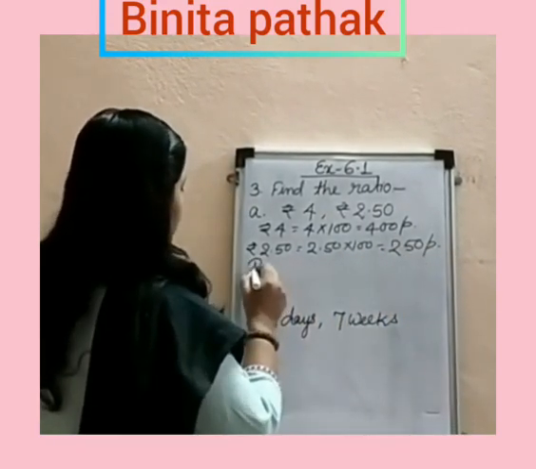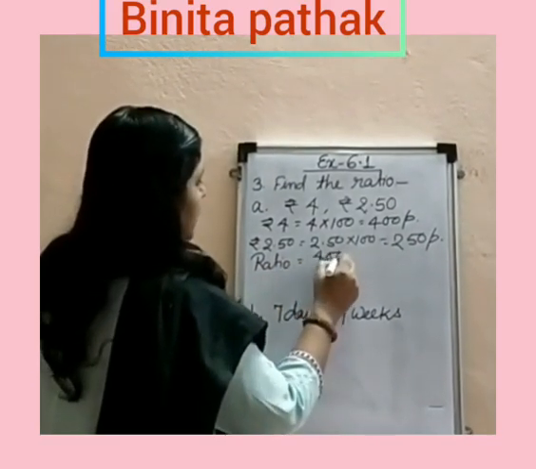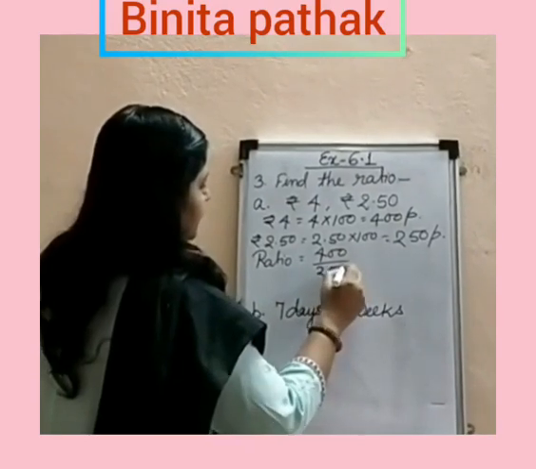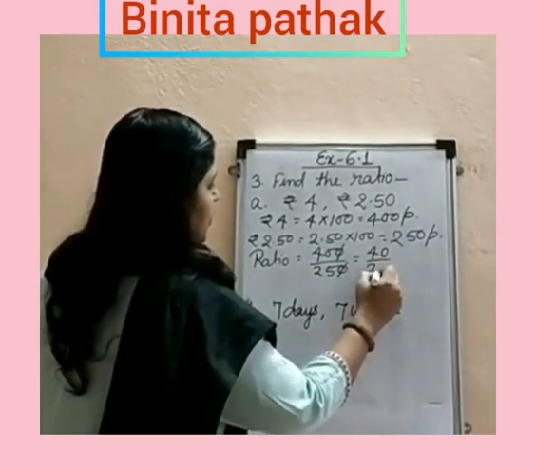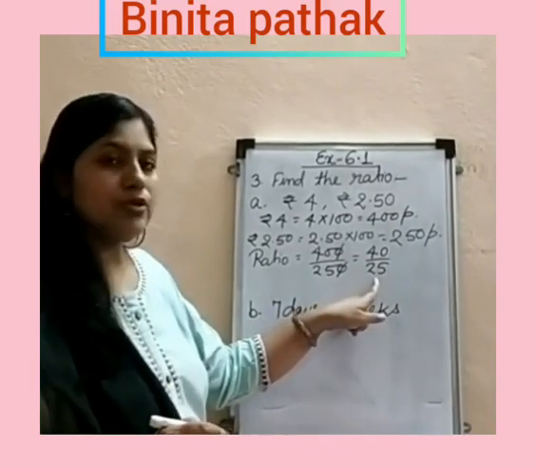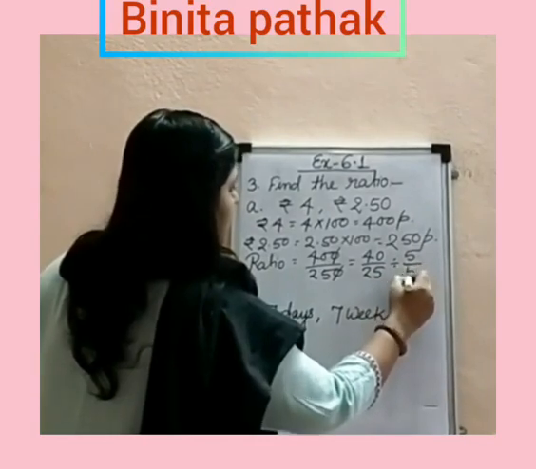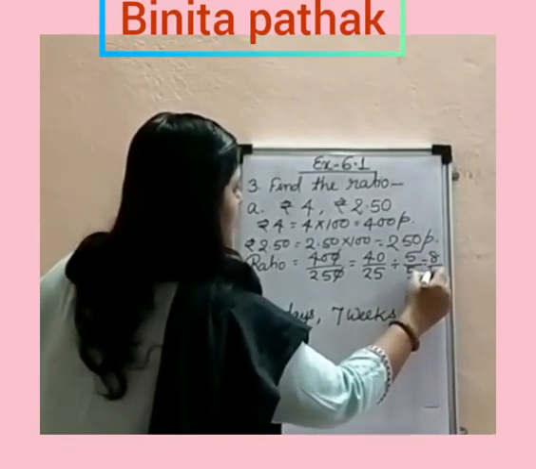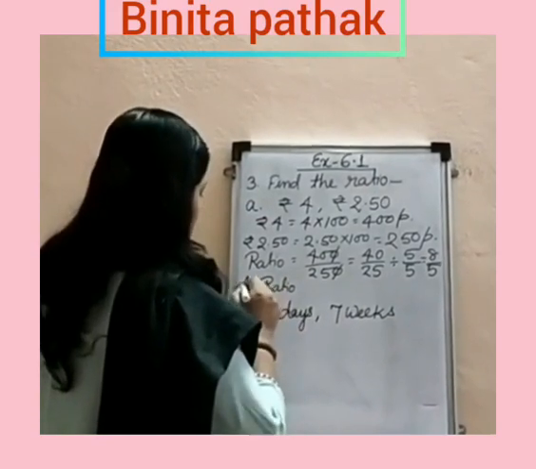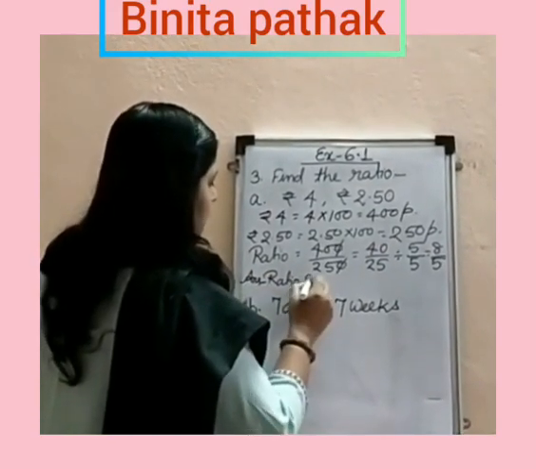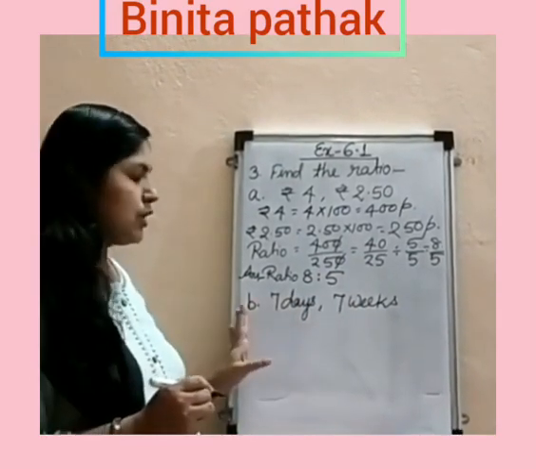Now in ratio, 400 upon 250. Cancel 10 by 10. We are having here 40 upon 25. And the common factor of 40 and 25 is 5. So divided by 5 upon 5, it will be 8 upon 5. Our answer is 8 is to 5.